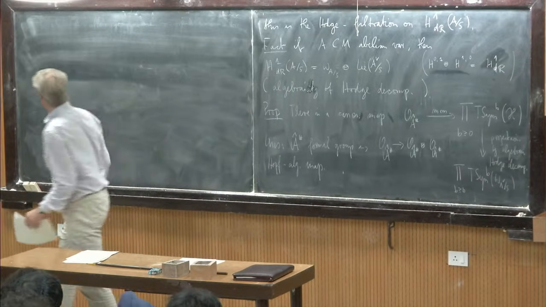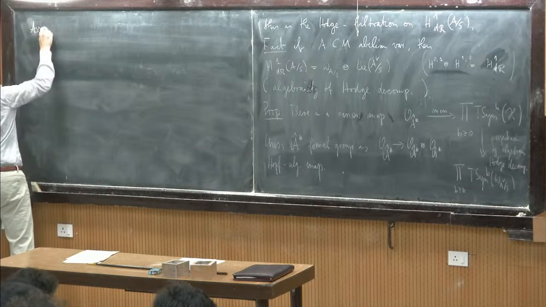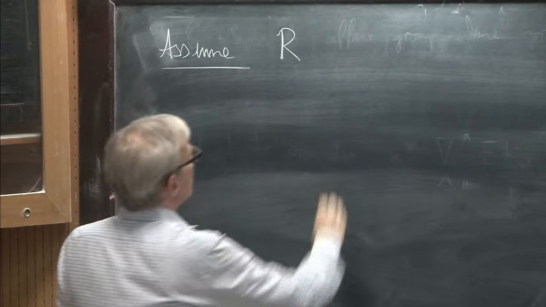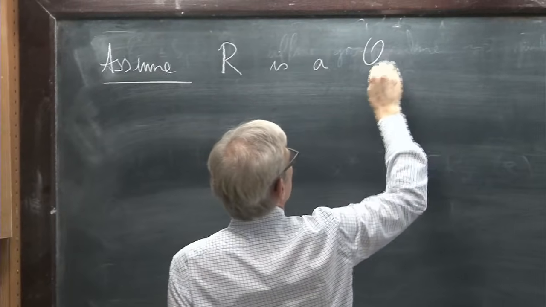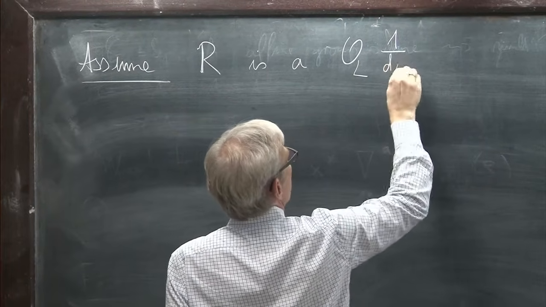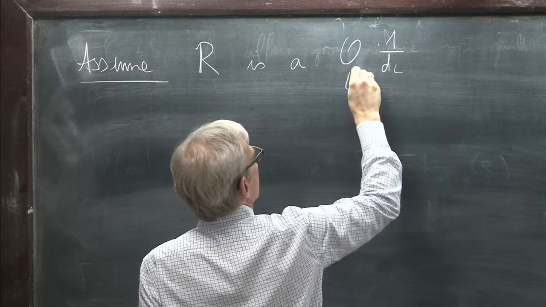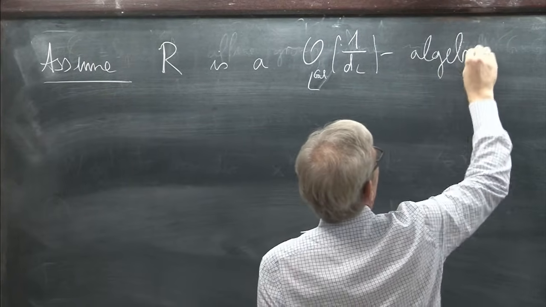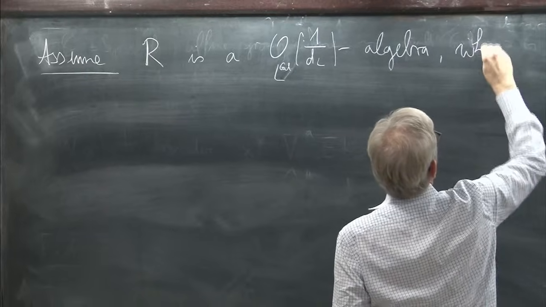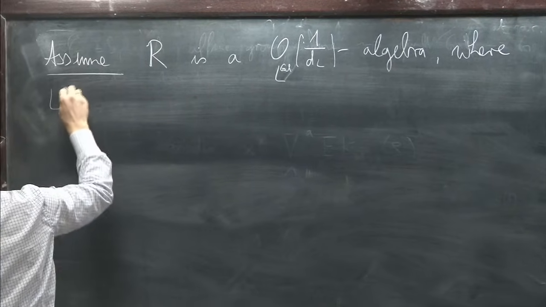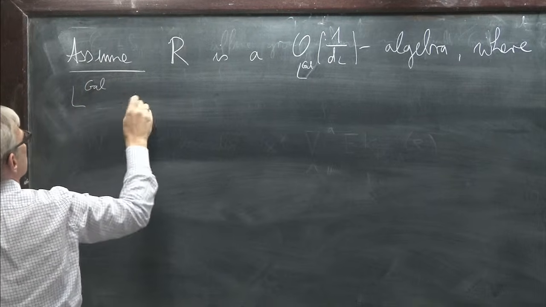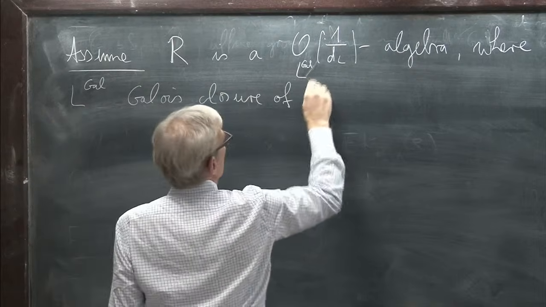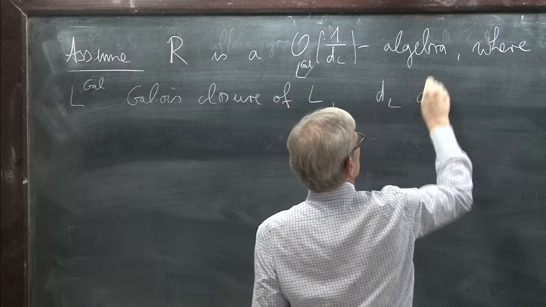And for this, we now assume that R, the ground ring we're working with, is OL adjoined 1 over DL, where L Gal is the Galois closure of L, and DL is just the discriminant.